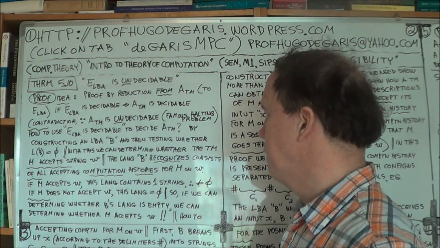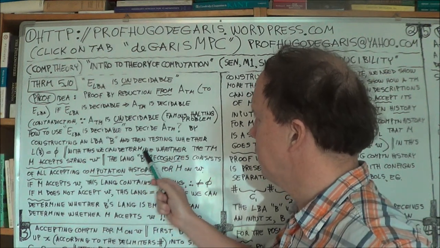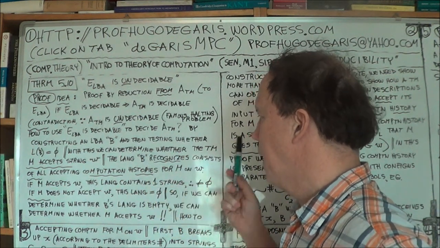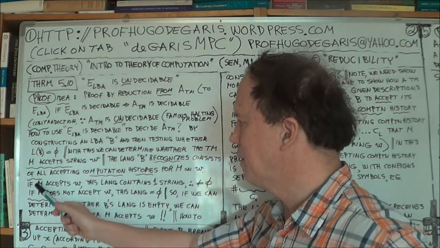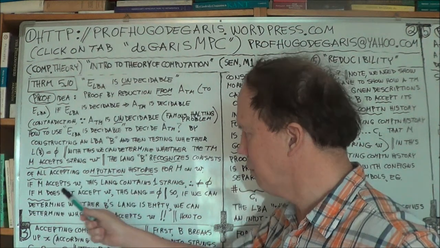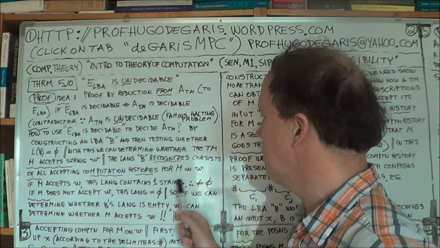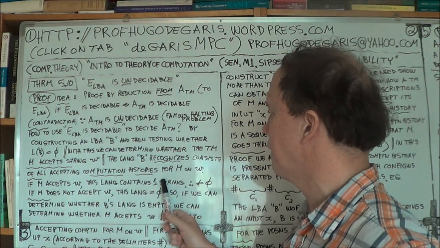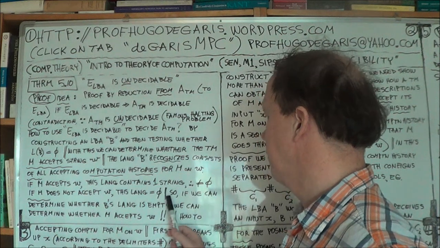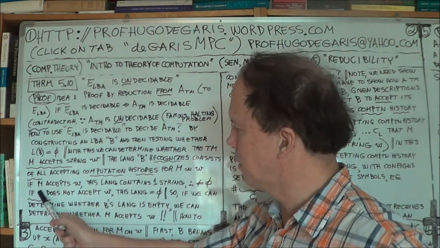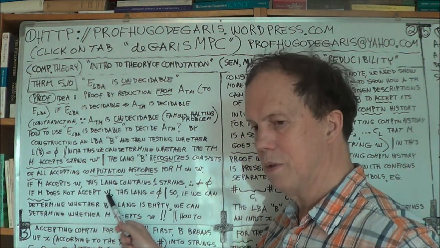Okay. So in other words, using this Turing machine B allows us to decide A_TM, if you think about it, right? Because we just look at the size of the language for B, and if it's 0, then we know that the machine LBA did not accept W. So it rejected.